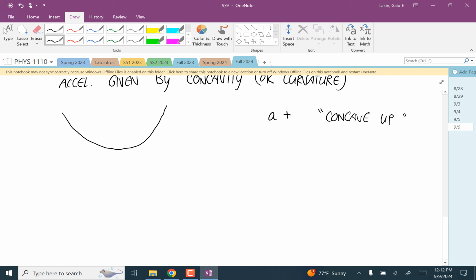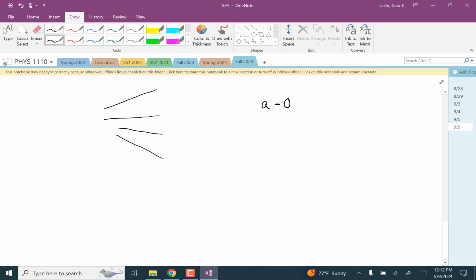If the part of the graph that you're interested in is a line and it doesn't matter what its slope is, it could be any of these, that's a zero acceleration. And then if the part of the graph you're interested in is part of a curve like that, that's a negative acceleration, and that's called concave down.